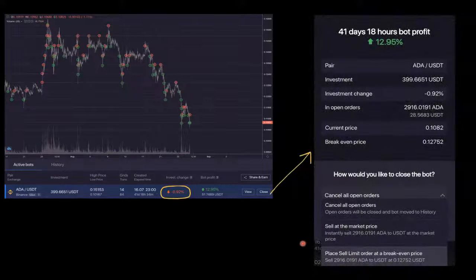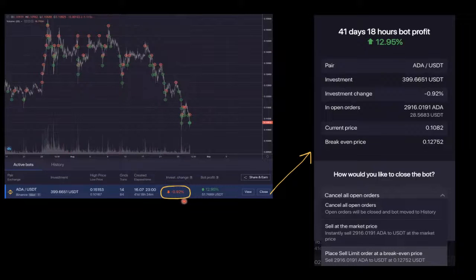The first one is break even. The idea of break even is that, let's say you now have a loss of 0.92%. That's Cardano trading to USDT, and your loss is minus 1%. What if you don't want to have this negative value? The option here is to exit from the market with a 0 return.